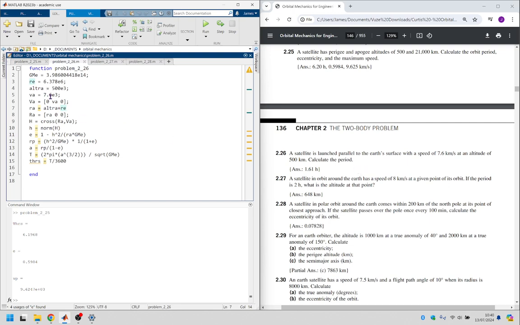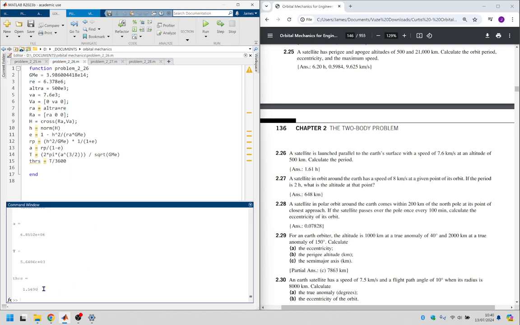So we can work out the eccentricity with either assumption, and if you get the wrong one, your eccentricity will be negative. So in this case, the satellite turns out to be at apogee, and that gives a period of 1.569 hours, that's what it's asking for.